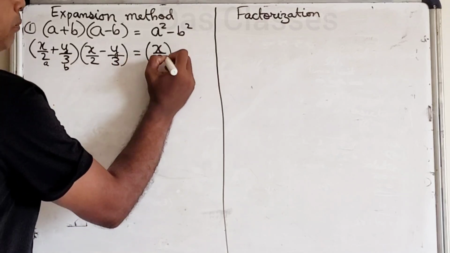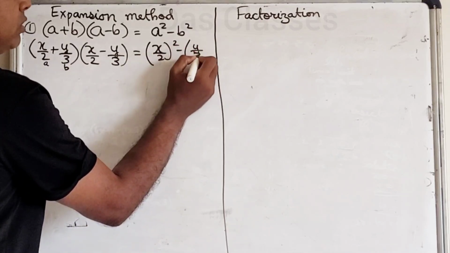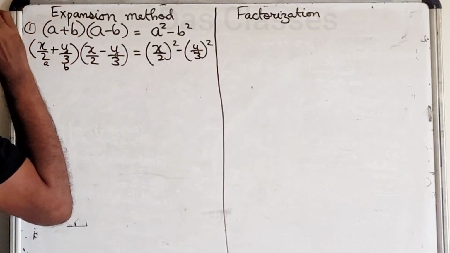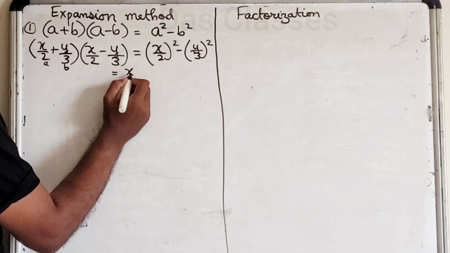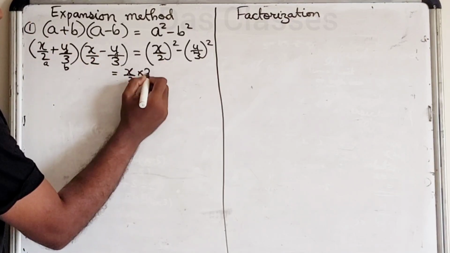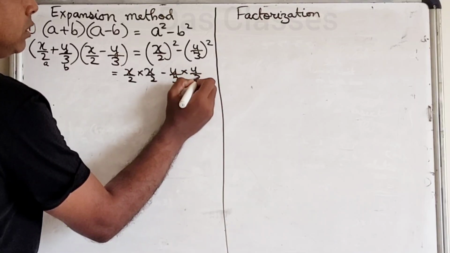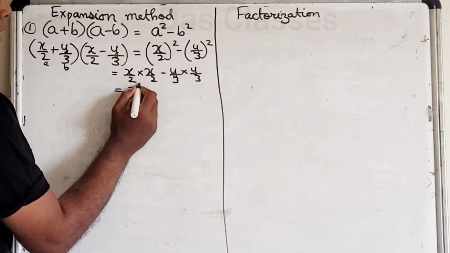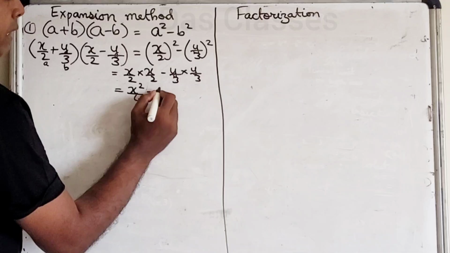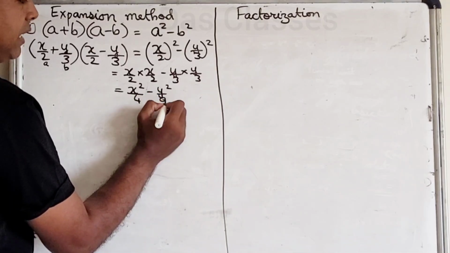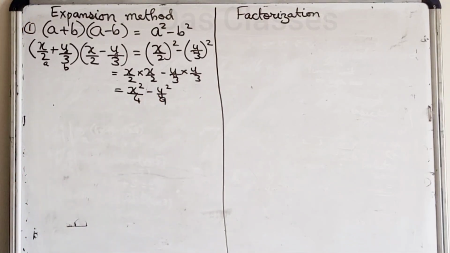So (x upon 2) square minus (y upon 3) square. That is x upon 2 two times, minus y upon 3 two times. So the answer is going to be x square upon 4 minus y square upon 9. This will be the answer in the case of expansion.